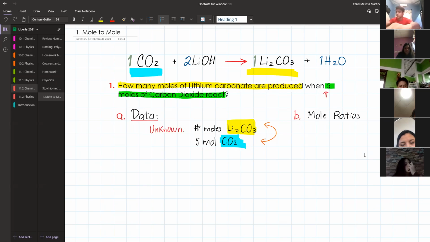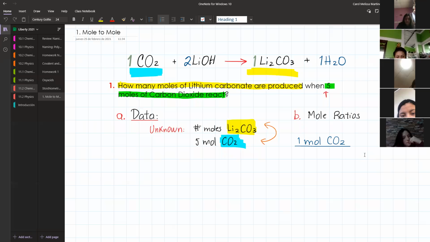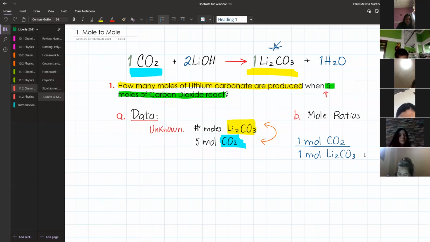I can write that I have 1 mole of CO2, which is this one, okay? And I can write about lithium carbonate that this produces 1 mole of lithium carbonate. That's what I can tell about the two substances. Those are the mole ratios possible between the two of them.